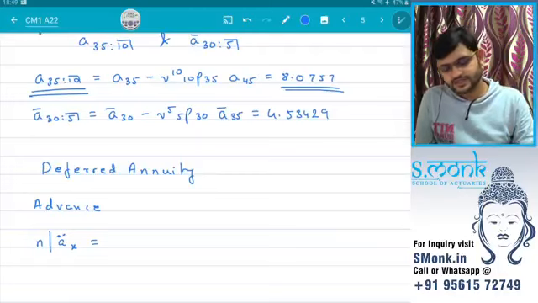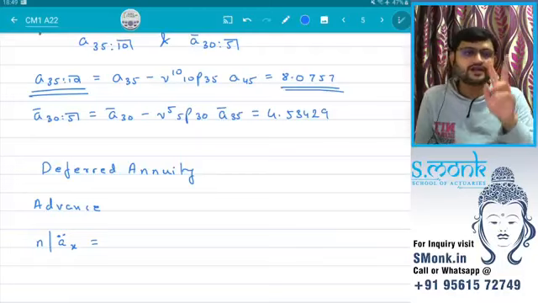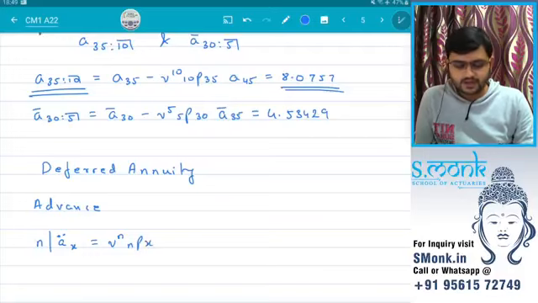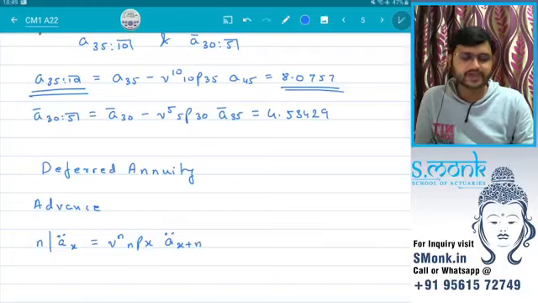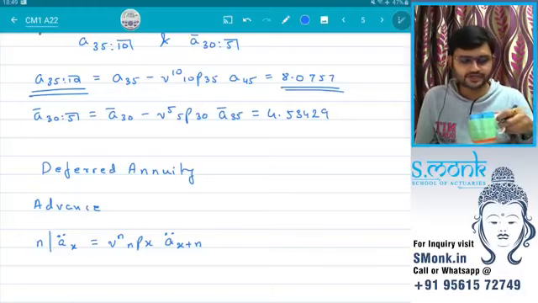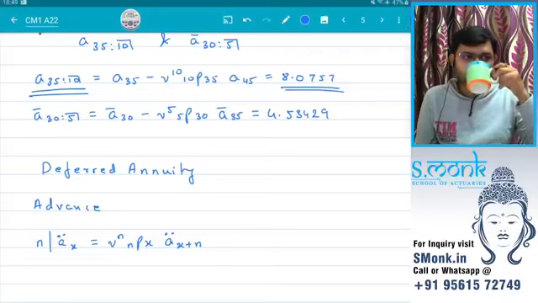We can write it in two ways. One is the same as what we write in assurance: v raised to n, npx, discounting for n years, and if the person survives n years, the annuity due starts for a person who is now age x plus n.